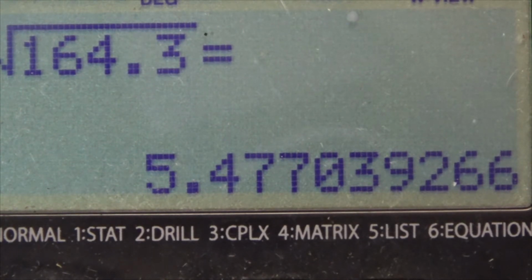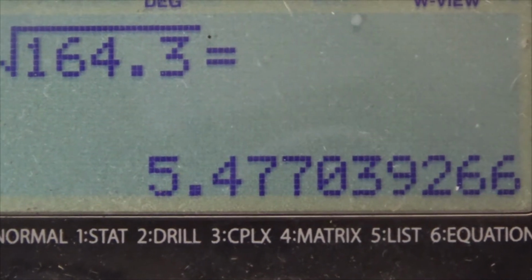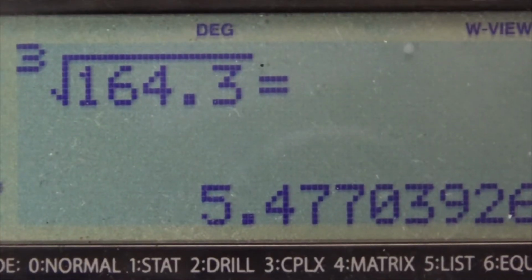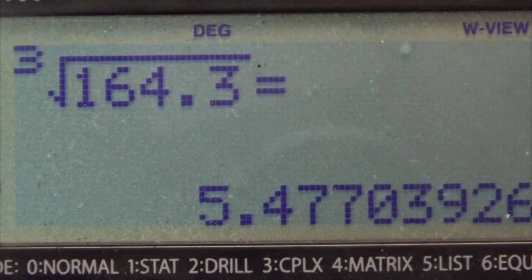Now we don't talk about how to round in this. We don't talk about significant figures and stuff like that in this class. Maybe I will in the future. But students always ask me how far to round. Round to 2 decimal places or close to that.